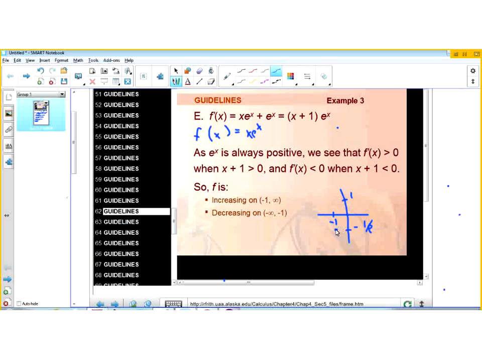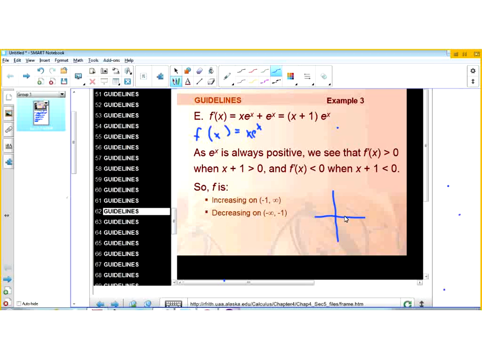So that means it's increasing from -1 to infinity, and as x approaches infinity, this thing goes toward infinity. Let's see how we could sketch it with the information given so far.